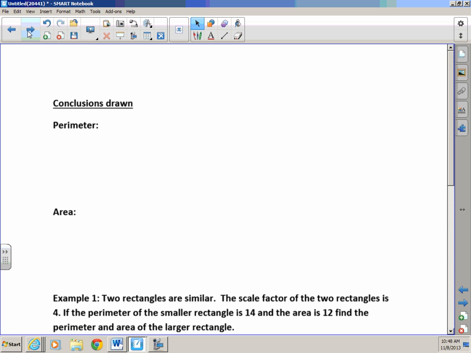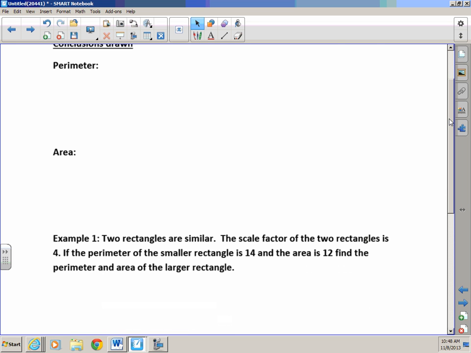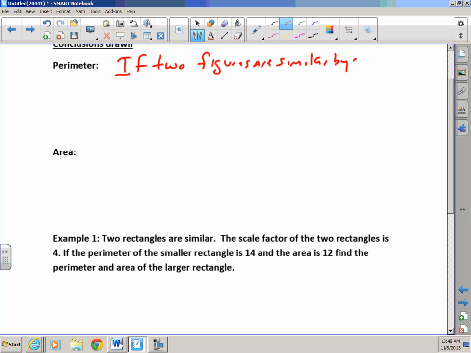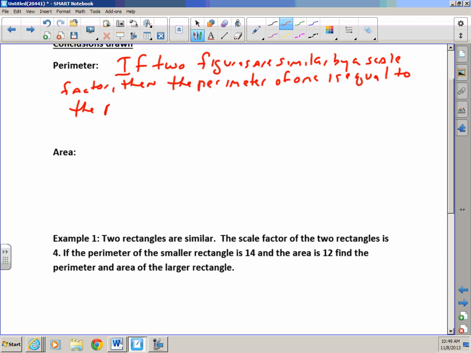So, what is our conclusion? Well, the first one is that in terms of the perimeter, if 2 figures are similar by a scale factor, then the perimeter of one is equal to the perimeter of the other times the scale factor.